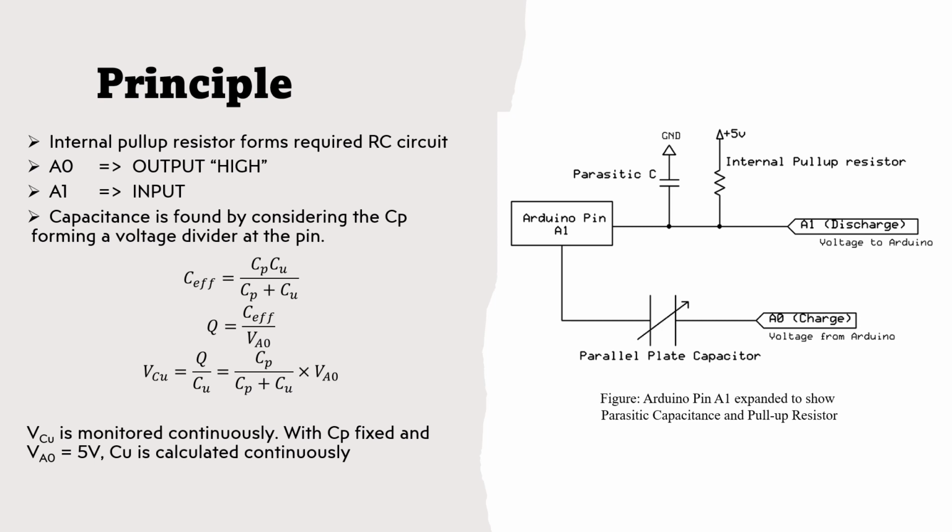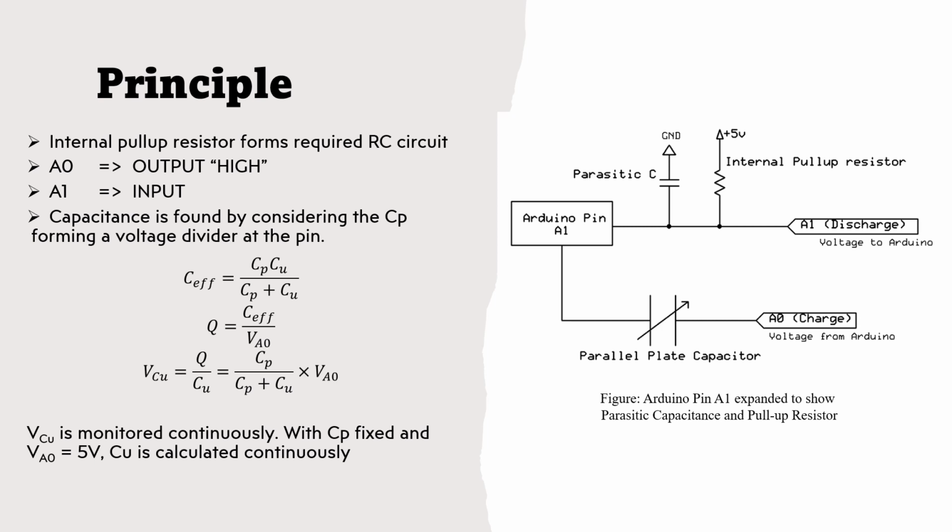In the schematic, we have A0, the charge pin, which goes to the parallel plate capacitor, and the other terminal of the parallel plate capacitor goes to the A1 pin, the discharge point, and that passes through the parasitic capacitance. So the effective capacitance, C effective, would be C parasitic times Cu divided by C parasitic plus Cu, where Cu is the unknown capacitance. The total charge Q would be C effective times V_A0.